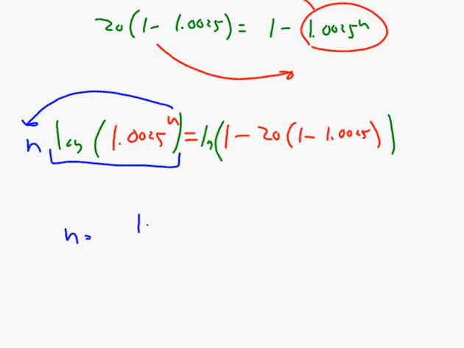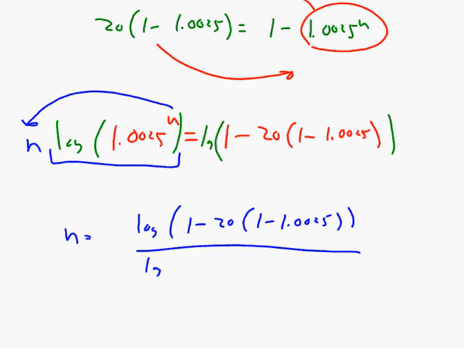So n is going to be the log of 1 minus 20 times the quantity of 1 minus 1.0025 over the log of 1.0025, which is about 19 and a half months. Now keep in mind what n was. N was measuring months. So 20 months. In the 20th month when I showed up to the bank, I'd expect to have more than $10,000.